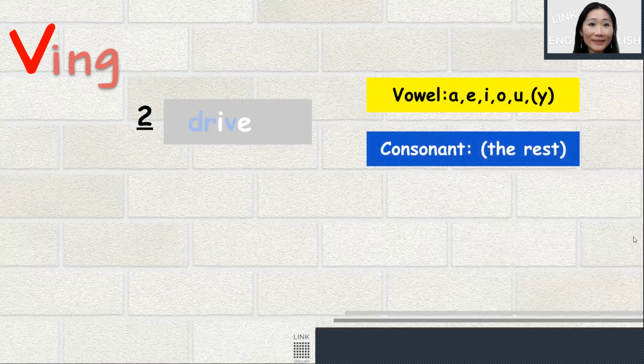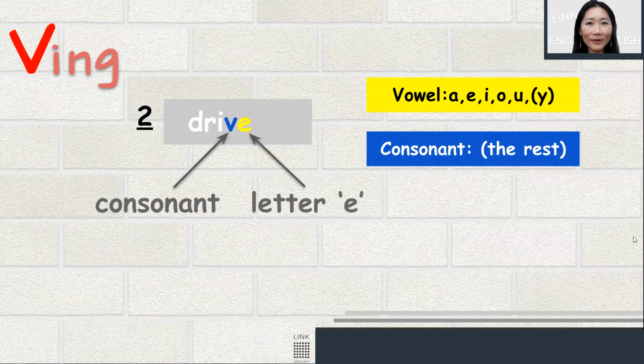So now we know D, R, and V are consonant letters. And the rule is, at the end of a word, if you see a consonant letter and then letter E, then leave out letter E and add ing. So drive becomes driving.